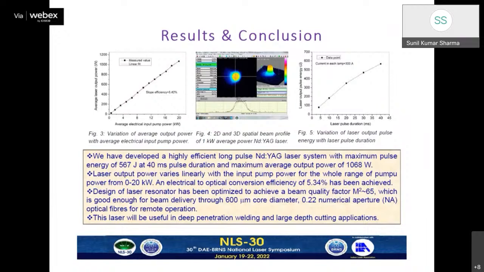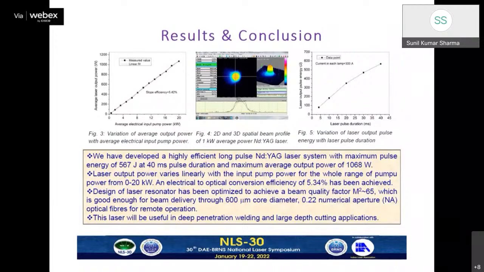As you can see, the laser output varies linearly with the input pump power up to 20 kilowatt, and we get 1064 watt power at 20 kilowatt input pump power.